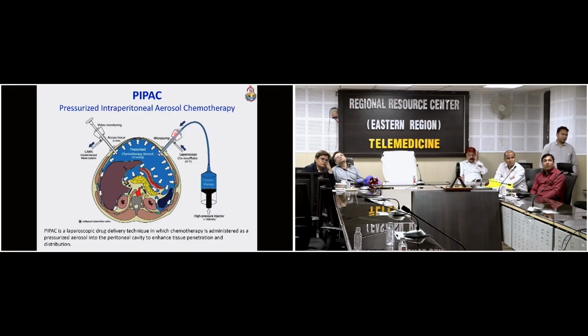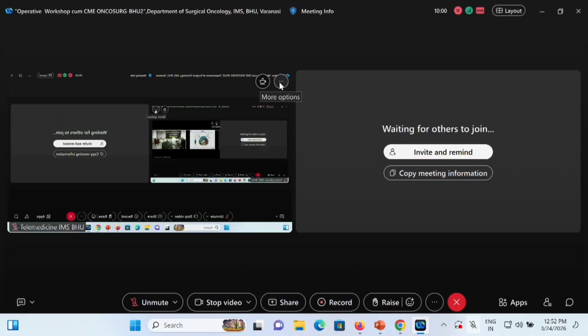So this is the inflow tract here, and then we have another 5 mm port through which we put in a camera. It's also a balloon trocar, and then there is a closed airway suction outlet which is connected to this trocar. So essentially we require only 2 trocars in this process. Sometimes we may require 3 in case we need to do some peritoneal biopsies.